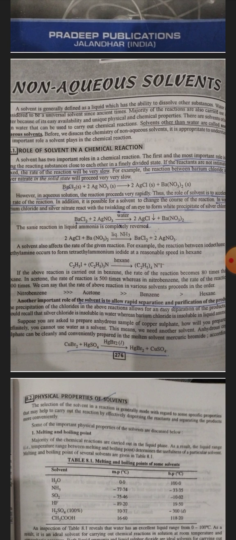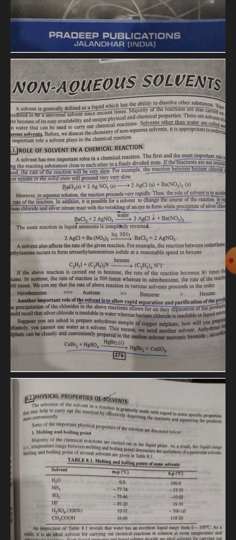If the reactants are not intimately mixed, the rate of reaction will be very slow. For example, the reaction between barium chloride and silver nitrate in the solid state will proceed very slowly. However, in aqueous solution, the reaction proceeds very rapidly. Thus, the role of solvent is to accelerate the rate of reaction.